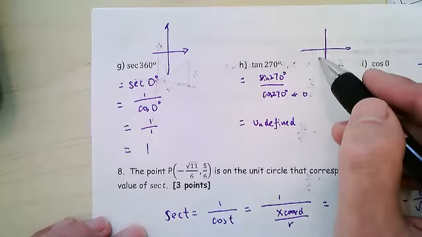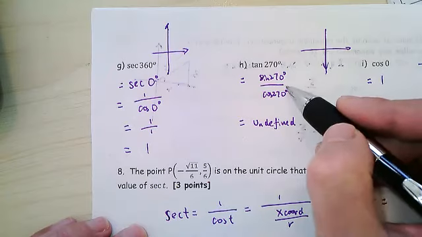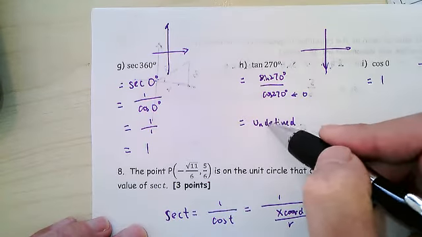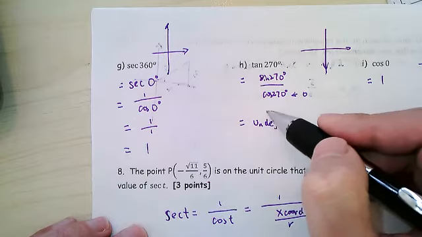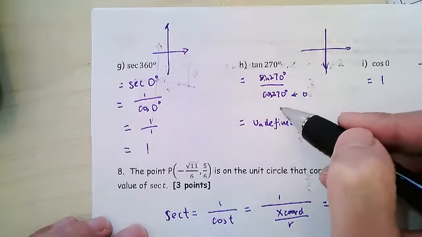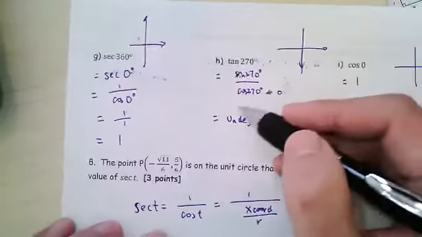What is the x-coordinate for this terminal point? It's 0. So you have a 0 in the bottom, which makes this undefined. If you write undefined or does not exist, I should give you the points already. If I didn't, please talk with me.